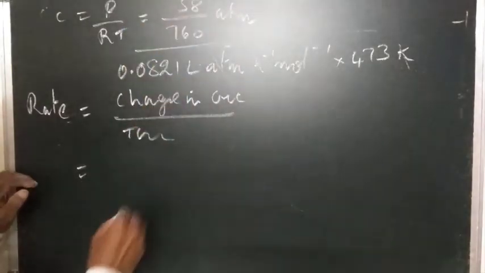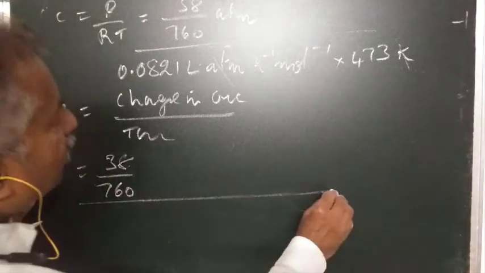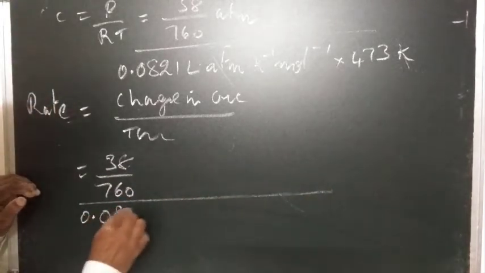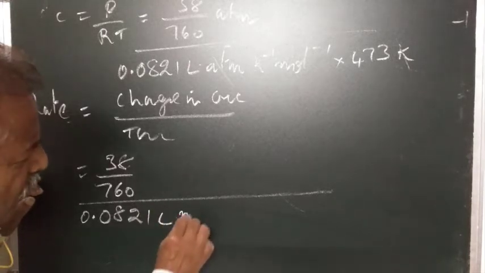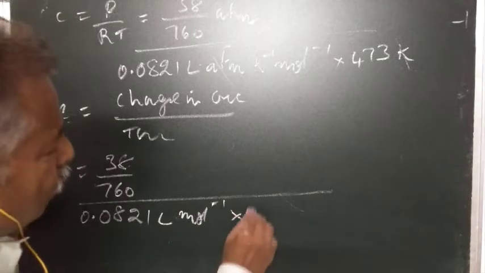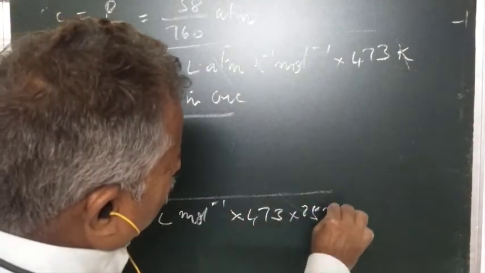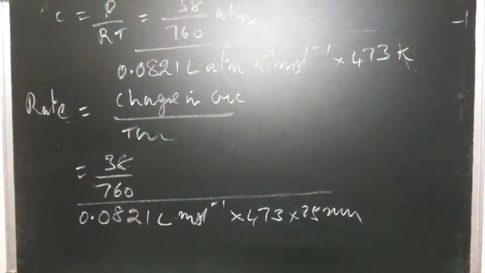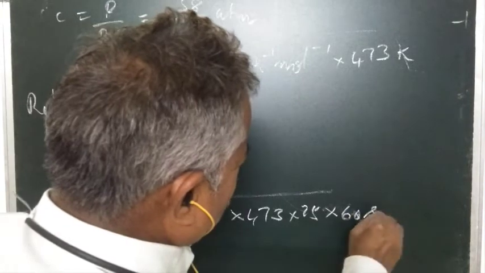This is the change in concentration. So 38 by 760 by 0.0821 liter mole minus 1 into 473 into 25 minutes, 25 minutes into 60 seconds.